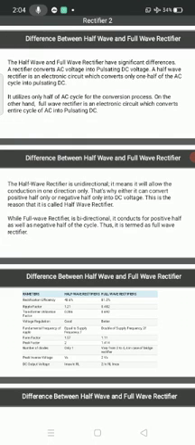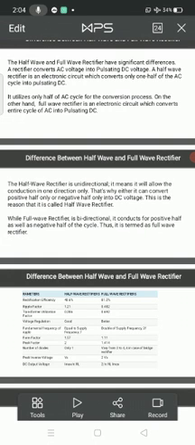When we apply the forward voltage, one diode will conduct. When it is connected to reverse bias voltage, one more diode will conduct. So the full wave rectifier is bidirectional, it conducts for the positive half cycle as well as the negative half of the cycle. Thus, it is termed as full wave rectifier.